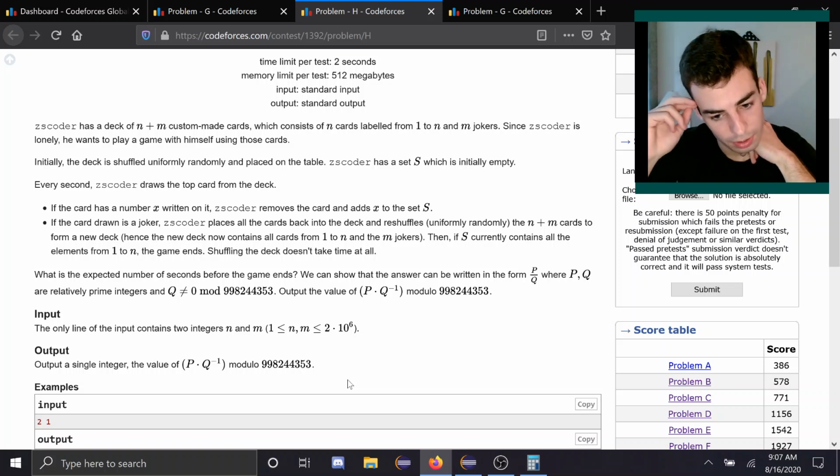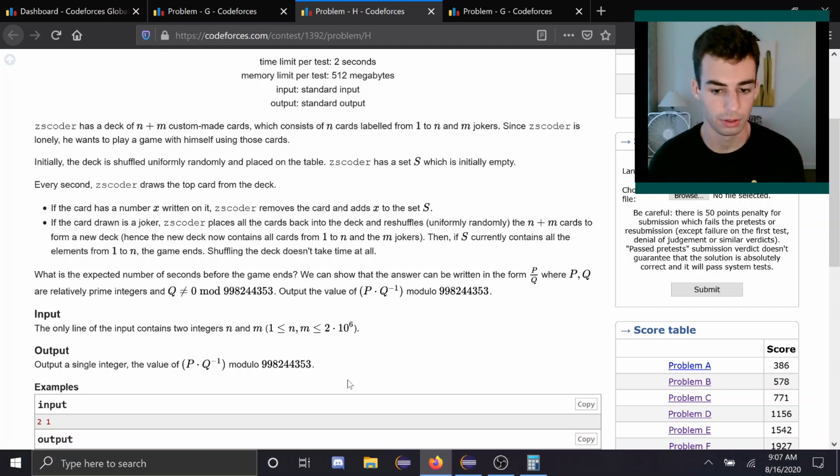So there's a difference, which is you have several cards.